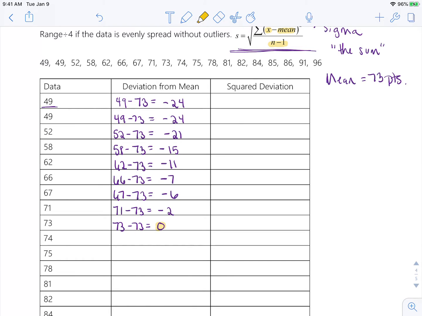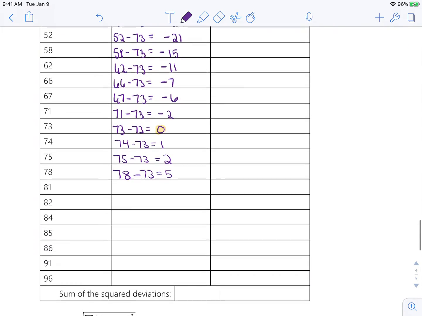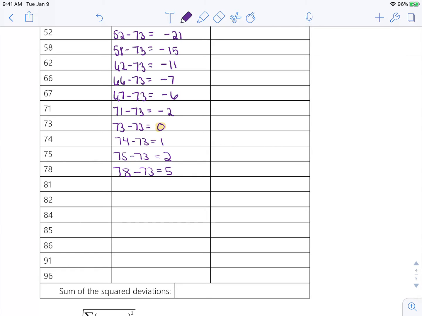We're right on the average. 74 minus 73, 1. 75 minus 73, 2. 78 minus 73, 5. You can see why I want to give you this much data on an exam. 81 minus 73, 8.